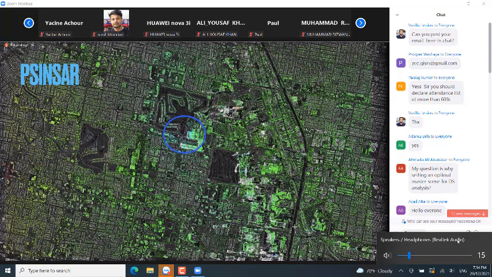But what I didn't mention is that there's actually also deformation a little bit in front of the convention center. There is a subsided center there due to groundwater pumping, assumingly for the golf course. I assume that's the reason there, but I'm not an expert on Las Vegas deformation.